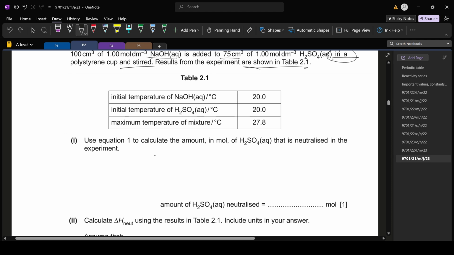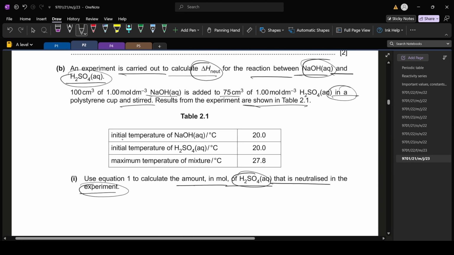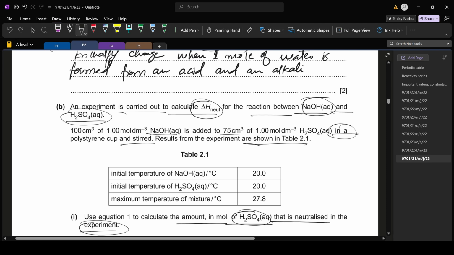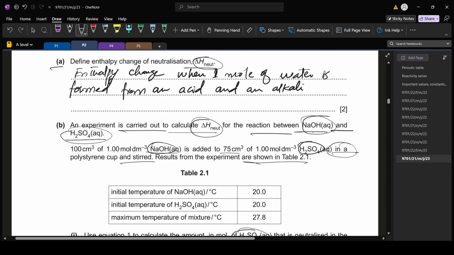Use equation 1 to calculate the amount in mole of sulfuric acid that is neutralized in this experiment. So you have to calculate the amount in moles. Okay, so you have to see which one of them is in excess, whether it is sodium hydroxide which is in excess or sulfuric acid.